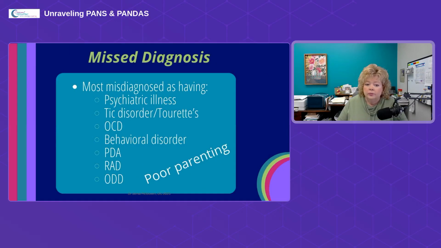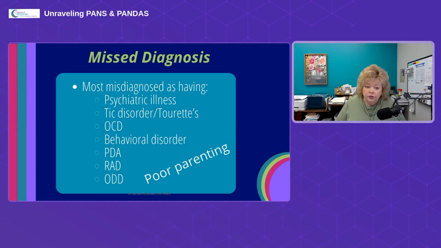So most kids are misdiagnosed with a variety of things. Often it's psychiatric because, to be fair, some of these symptoms really do look psychiatric. Often they get a tic disorder diagnosis, sometimes an OCD diagnosis.